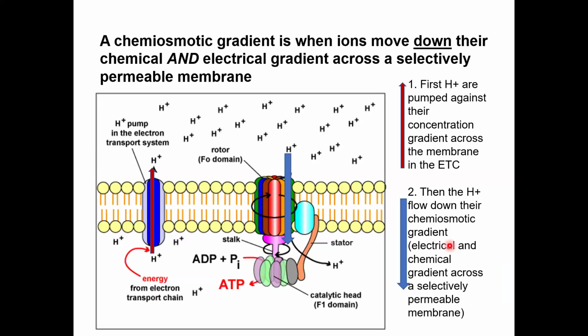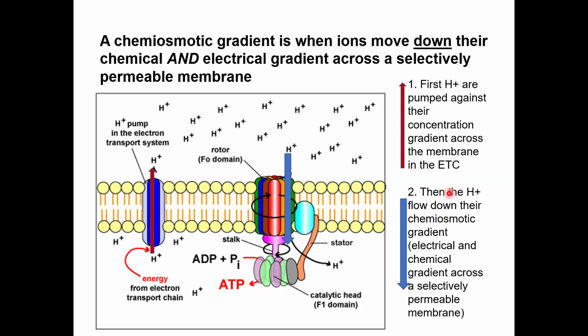So with the chemiosmotic gradient, the ions end up moving down their chemical and electrical gradient across that selective membrane. Remember, we were talking about our membrane that's very particular. First, the protons are pumped against their concentration gradient across the membrane in the electron transport chain.